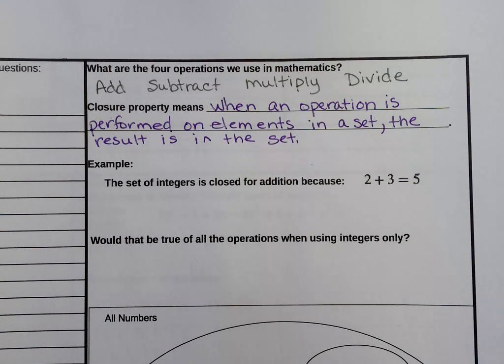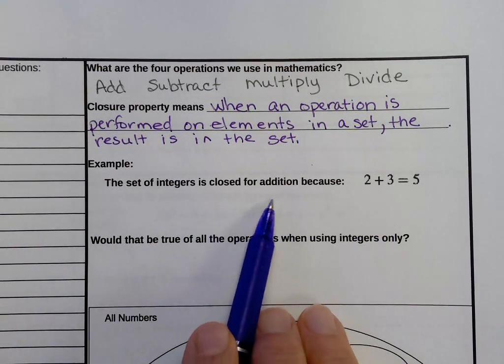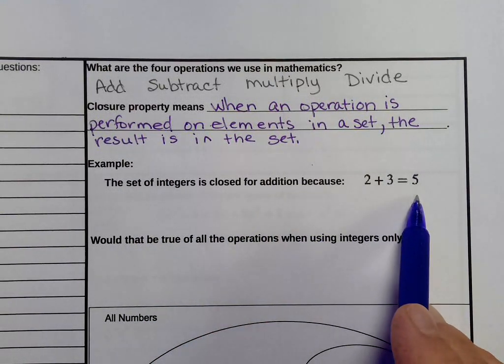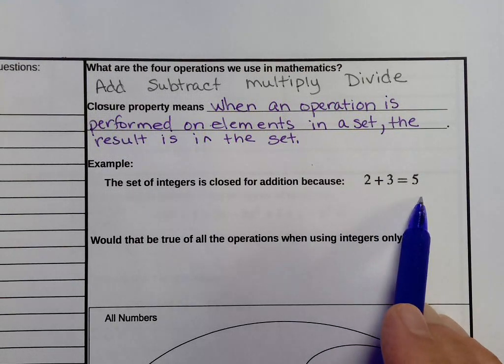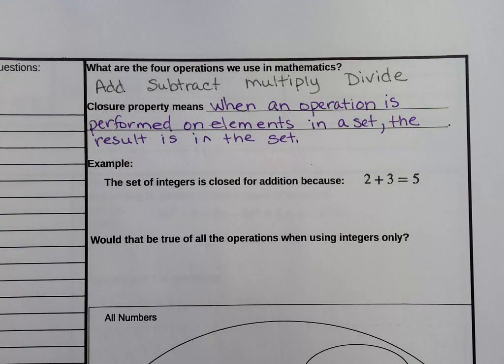The best example is found in the set of integers, because we know what integers are: the counting numbers, their opposites plus 0. So if I'm looking at addition, the set of integers is closed for addition because 2 plus 3 equals 5. 2 is an integer, 3 is an integer, 5 is an integer. So no matter what integers I use, I will still get an integer out.